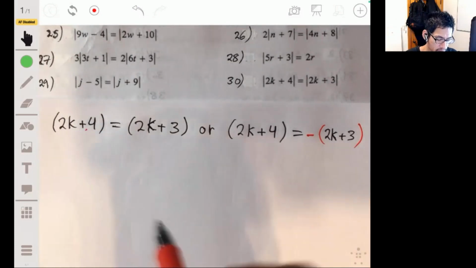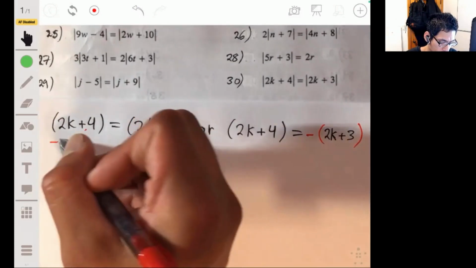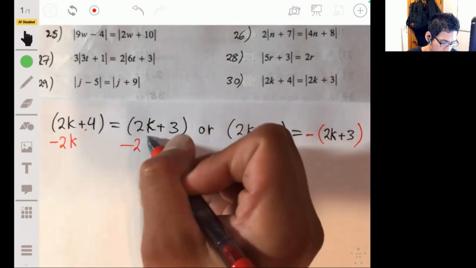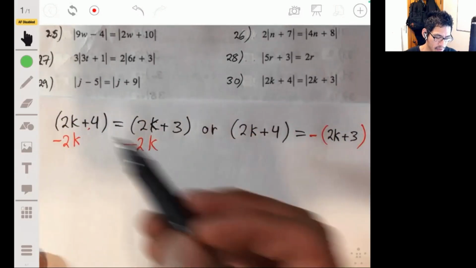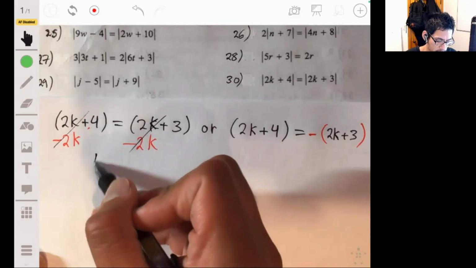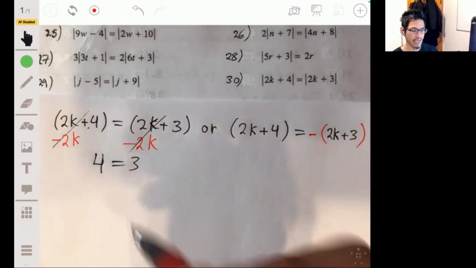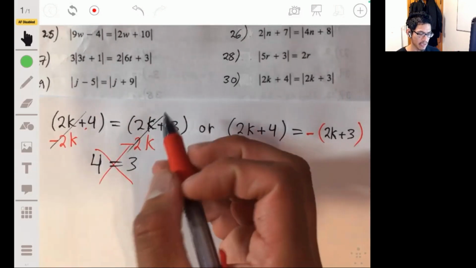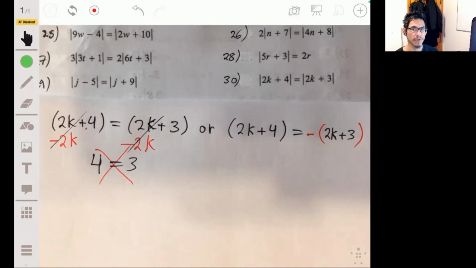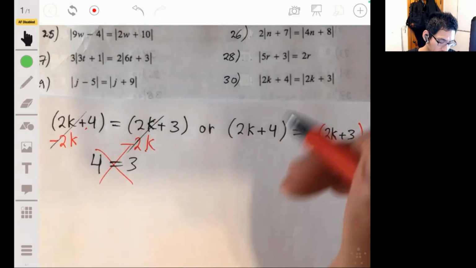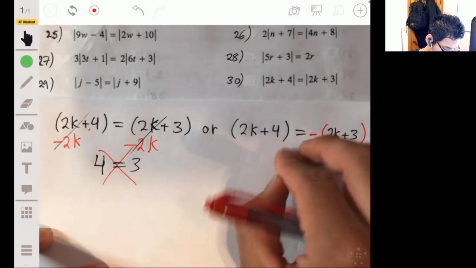Let's first solve this. So look what you got. We take away 2k from both sides here. We would just get a 4 equals a 3. And that ain't right, guys. This is wrong. No solution there. Again, never give up hope, because we still have this guy here.